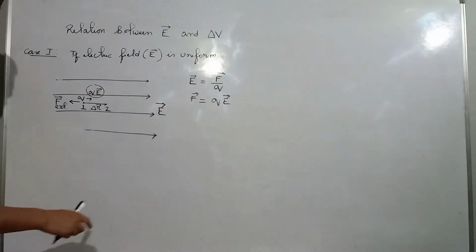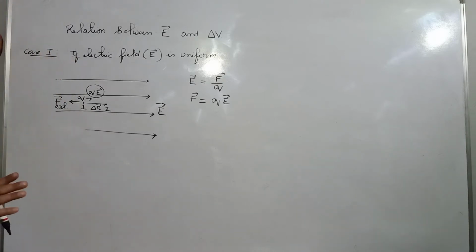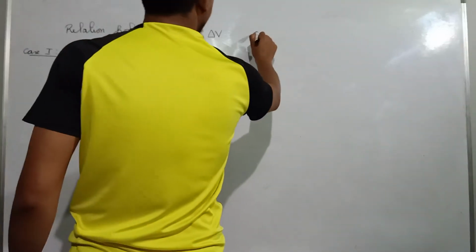Now there is one point that you need to remember, a very important note. It's like this. Potential always decreases in the direction of the field. Potential always decreases in the direction of the field. That is a very important mark.